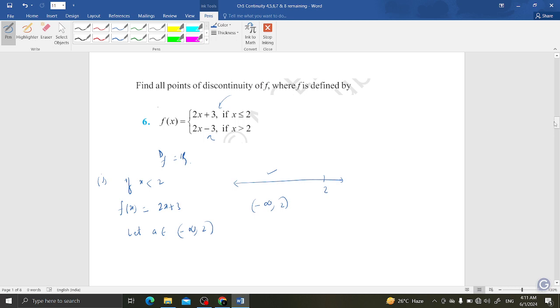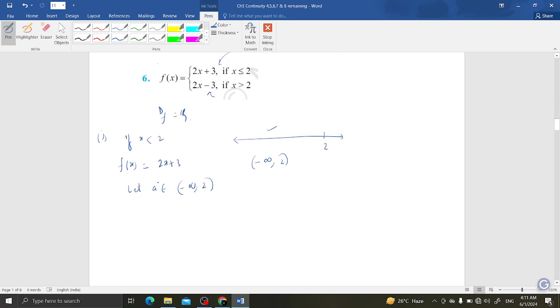How can we write LHL? LHL is limit x tends to a negative f of x. If a belongs to minus infinity to 2, maybe a is here, maybe a is here, and maybe a is just close, but guaranteed there will be a distance between a and 2. Limit x tends to a negative f of x is limit h tends to 0 f of a minus h.